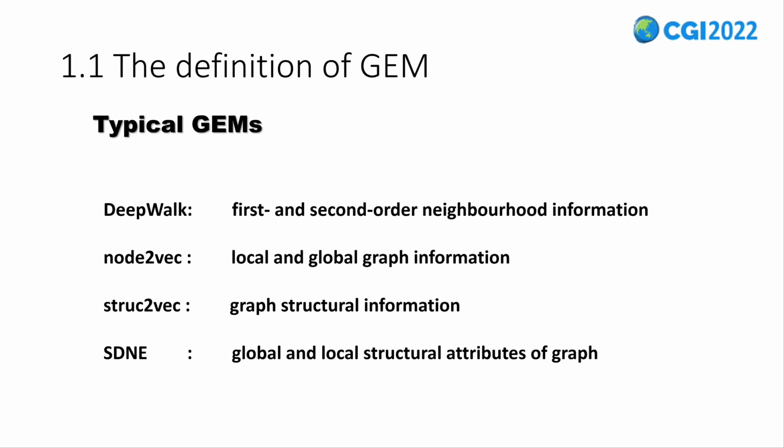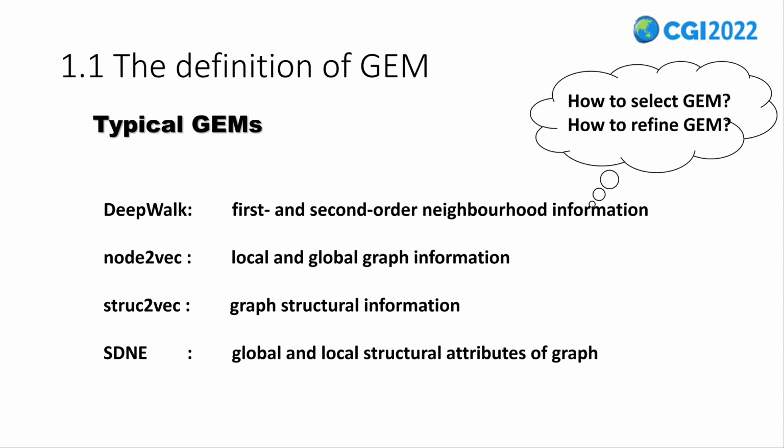We found that graph embedding models often cannot retain both local and global structural information, and it is difficult to interpret the output of the model. Therefore, it is necessary to select the appropriate graph embedding model for the graph analysis task effectively and to optimize the ability of the graph embedding model.